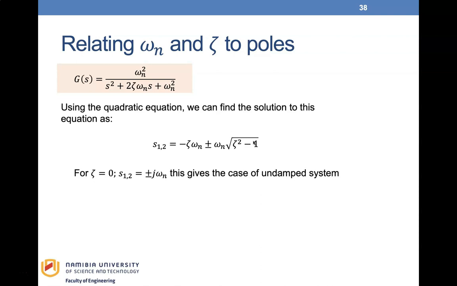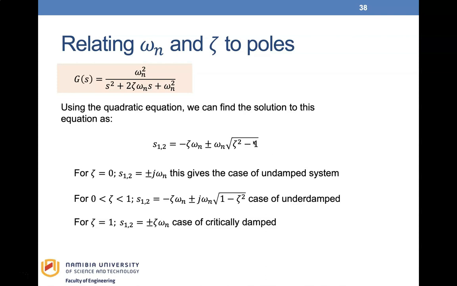We can see that the response of the second order system is a function of zeta. So for zeta equals 0, we have the case of an undamped system. For zeta between 0 and 1, that is zeta greater than 0 but less than 1, we have the case of an underdamped system.